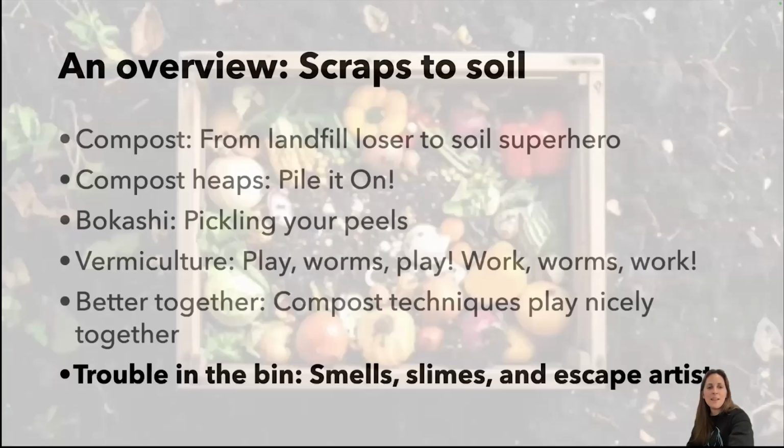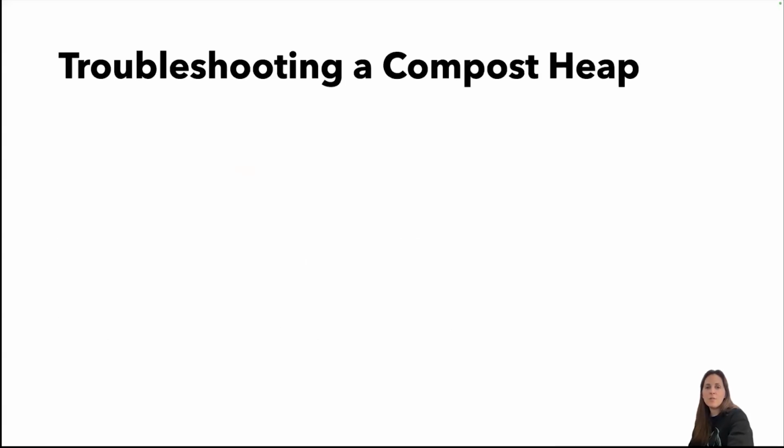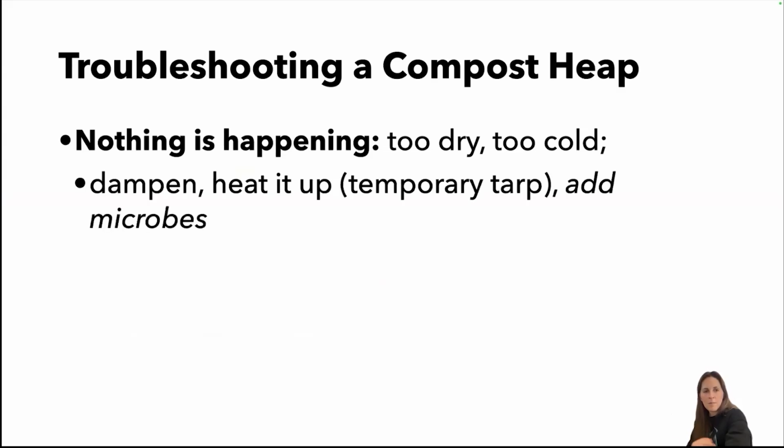All right, so let us then quickly go through troubleshooting. Troubleshooting a compost heap. One of the biggest drawbacks is, well, maybe nothing is happening. That could be because things are too dry. Maybe it's too cold. Maybe the microbes just haven't kicked off yet. And so a pretty straightforward way to remedy that is to dampen it or heat it up.